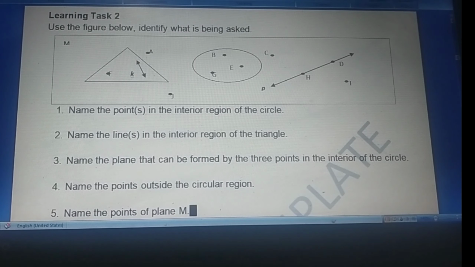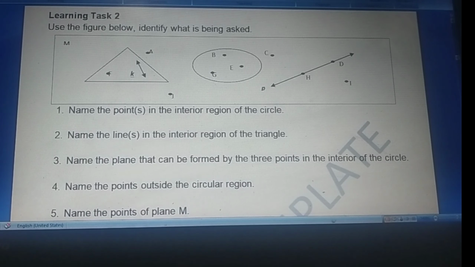That's already a clue. Number 2, name the line or lines in the interior region of the triangle. I can see 1 line there. The question is, how are you going to name it? Number 3, name the plane that can be formed by 3 points in the interior of the circle.